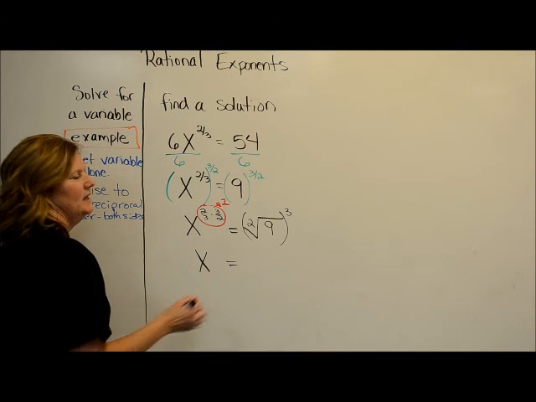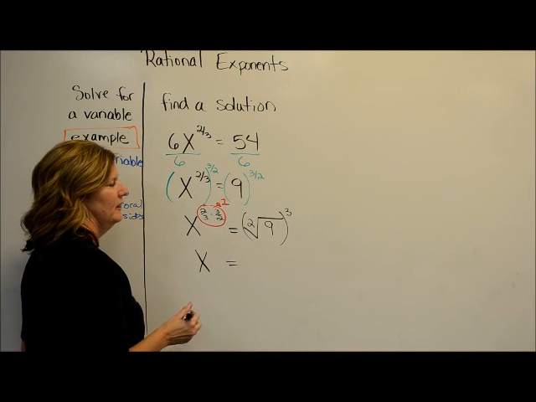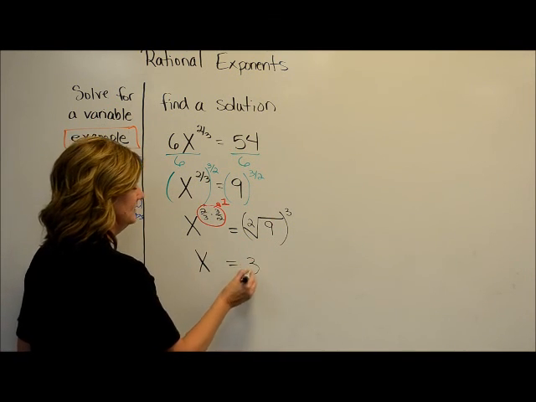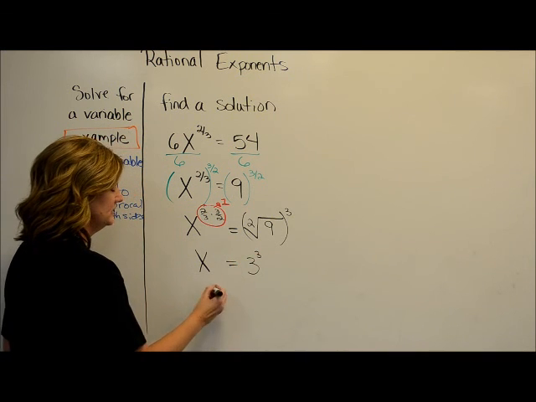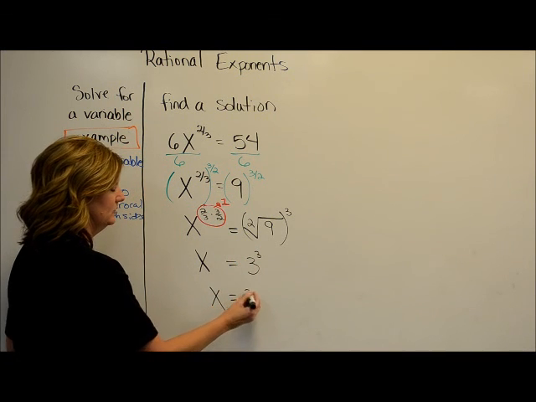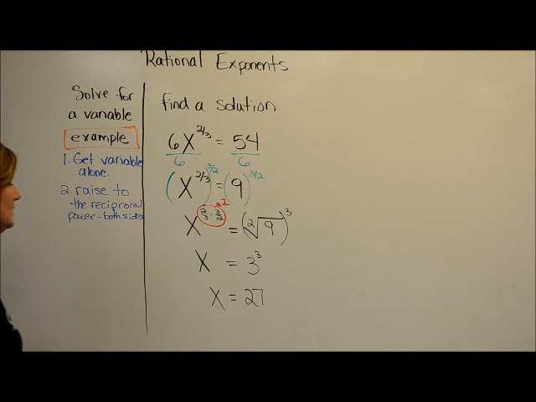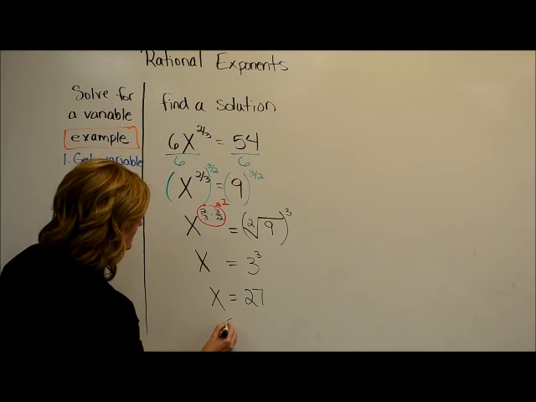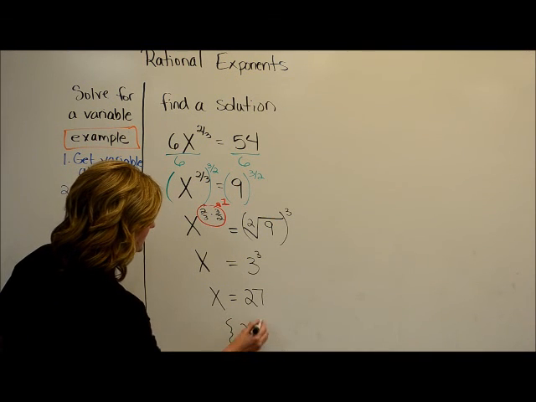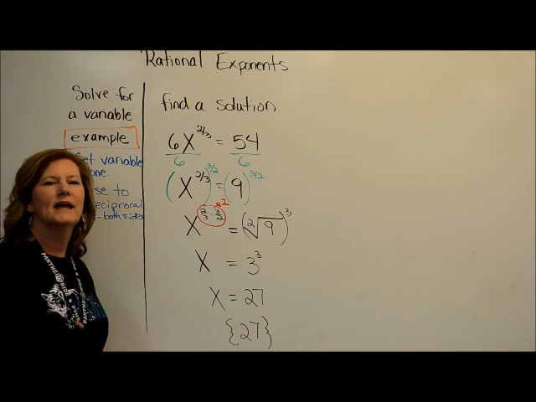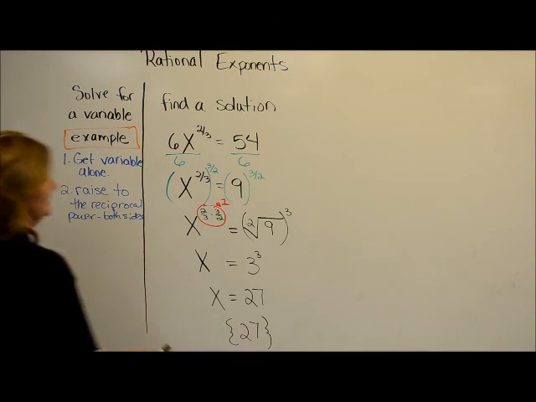Okay, square root of 9 is 3. So what I have is 3 to the 3rd power. So x then must equal 27. Okay, x equals 27. And you can put it back in there and check and make sure that 27 is my solution set.